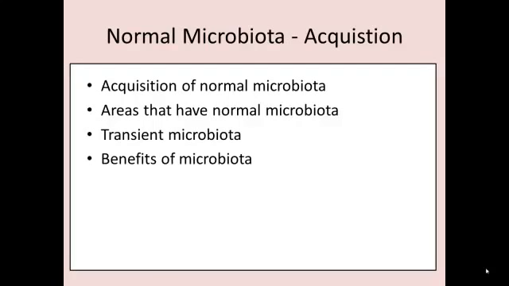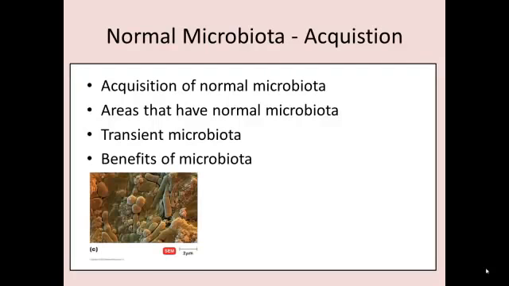Now, let's talk about areas that have normal microbiota. Anything that has contact with the outside world is going to have a normal microbiota. So your skin and your gastrointestinal tract have constant contact with the outside world. So you have an awful lot of bacteria on and in you.